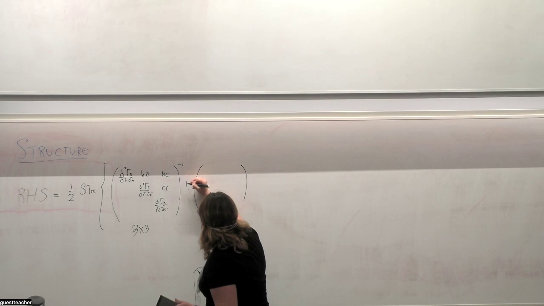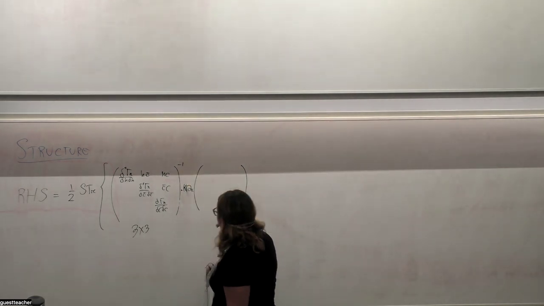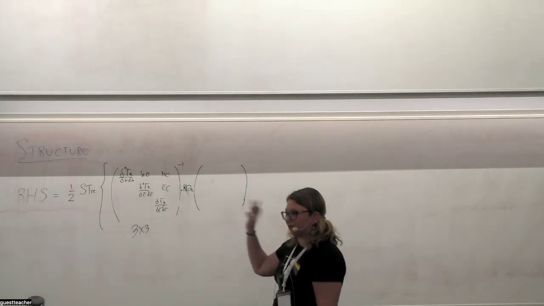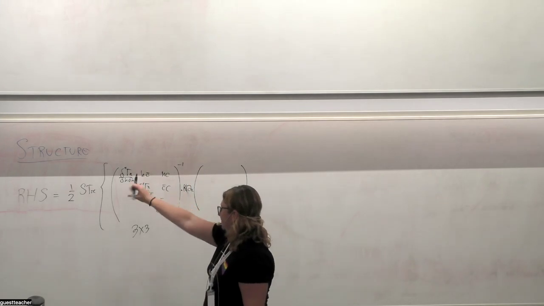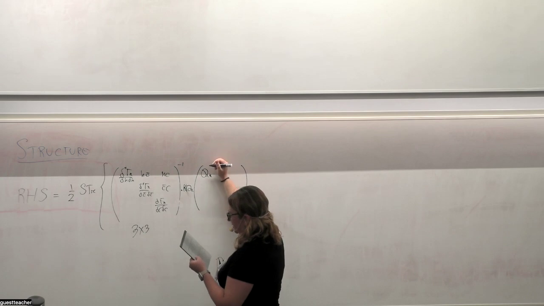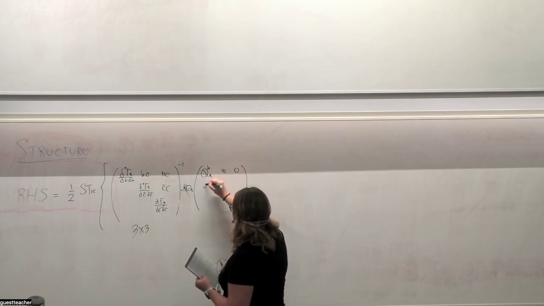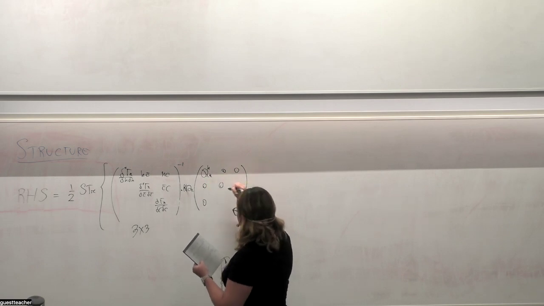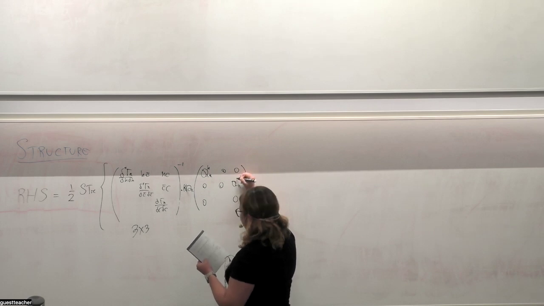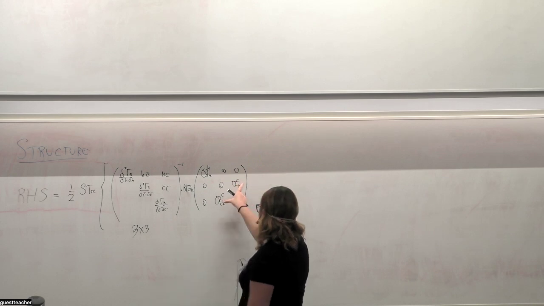Here there is the variation with respect to k, and then our regulator term. We have the regulator part of the graviton fluctuations. So here we have R k for H, and then 0, 0, 0, 0, 0, 0, and R k for C, which is off-diagonal.